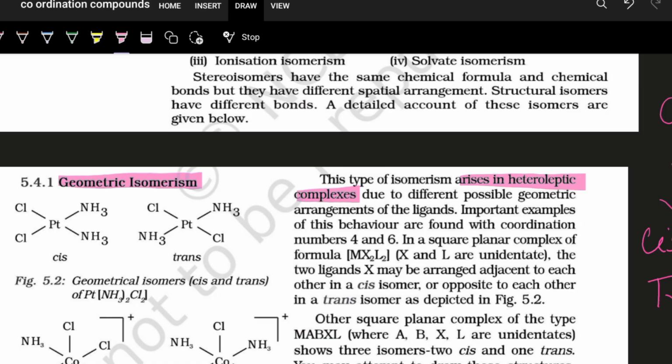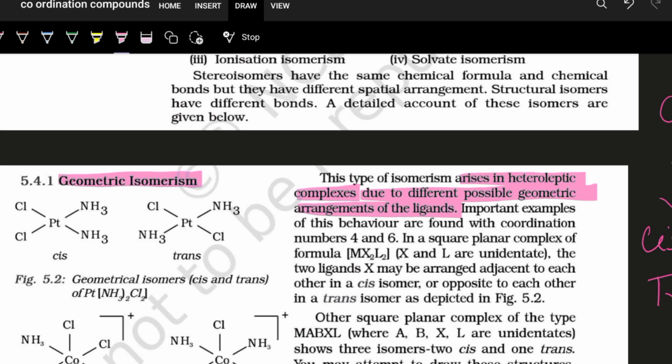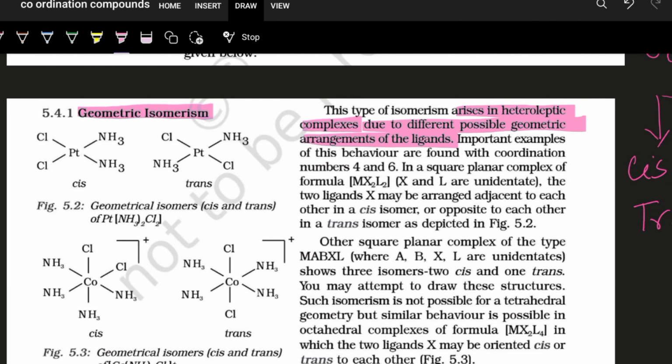This isomerism is due to different possibilities in the geometrical arrangement of the ligands. They are found with coordination numbers 4 and 6, and will exhibit these types of isomerism.